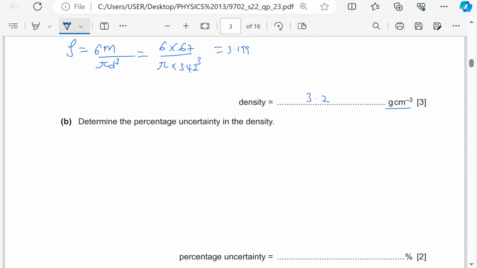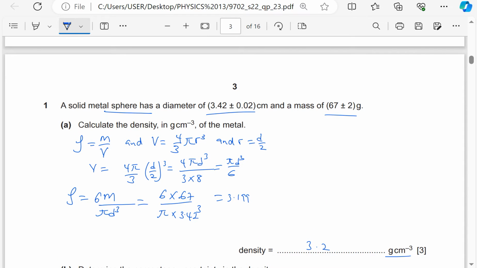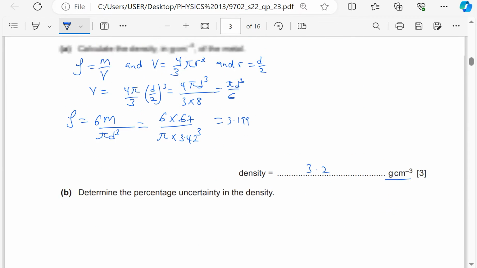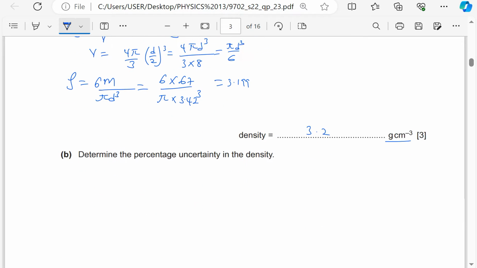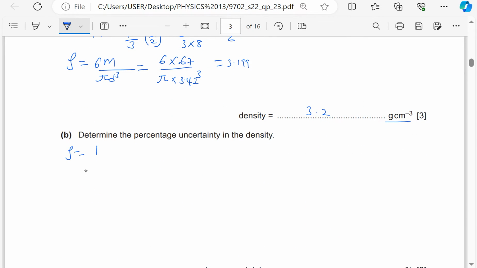Then determine the percentage uncertainty in the density. So we want percentage uncertainties. In the formula for density, we have 6m divided by pi d cubed. So 6 and pi are constants, and I will ignore them in percentage uncertainties. But we see division and we see a power of d, so we shall use fractional uncertainties and change them to percentage.